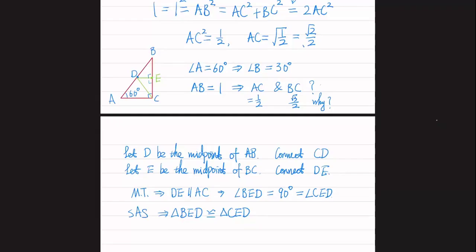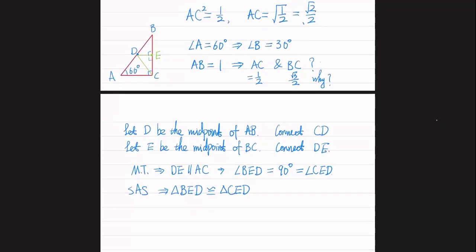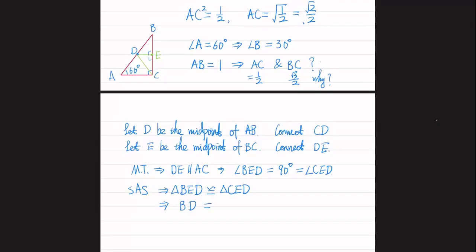Okay, now what do we know? This also implies the corresponding sides. I pick BD; the corresponding side will be CD.